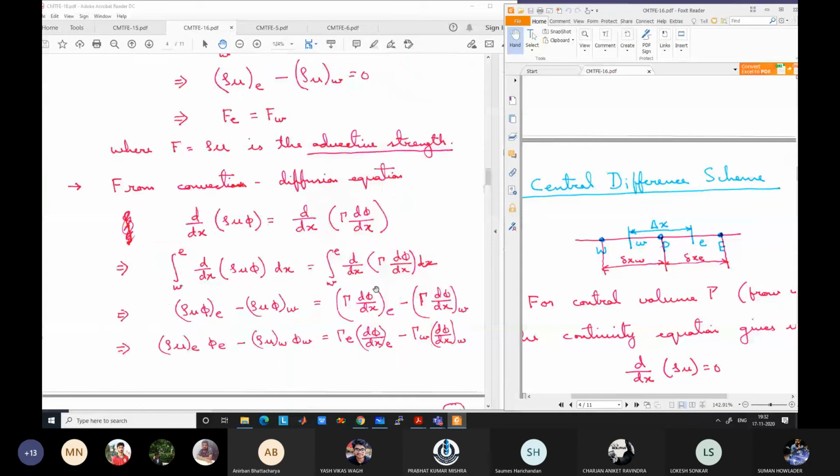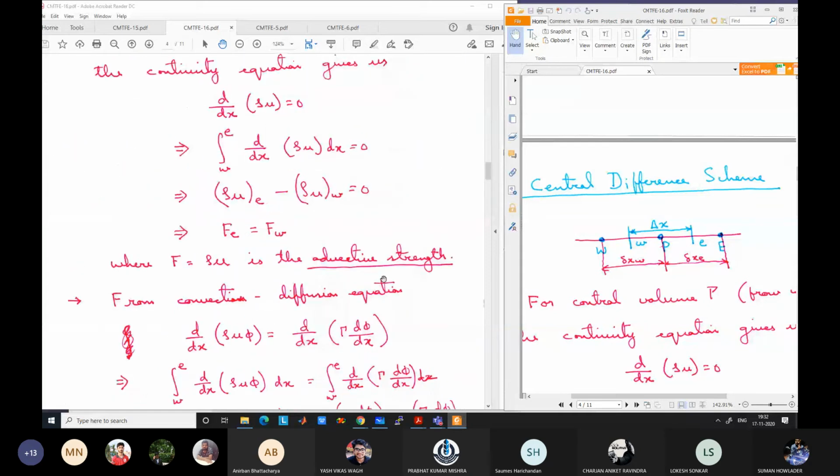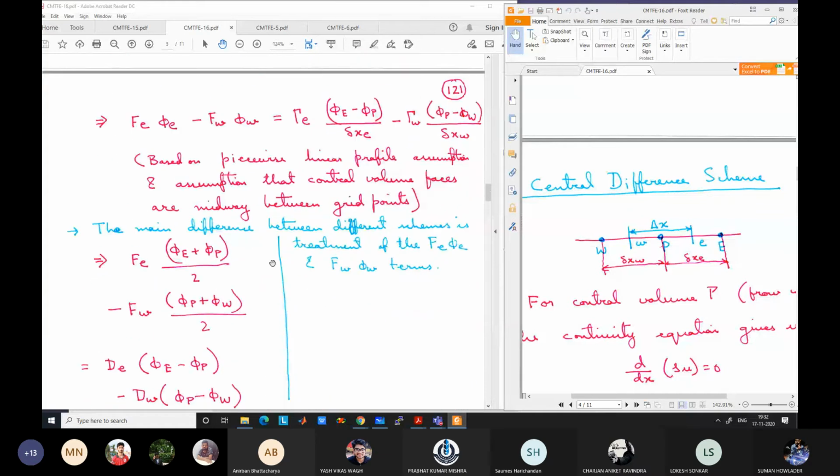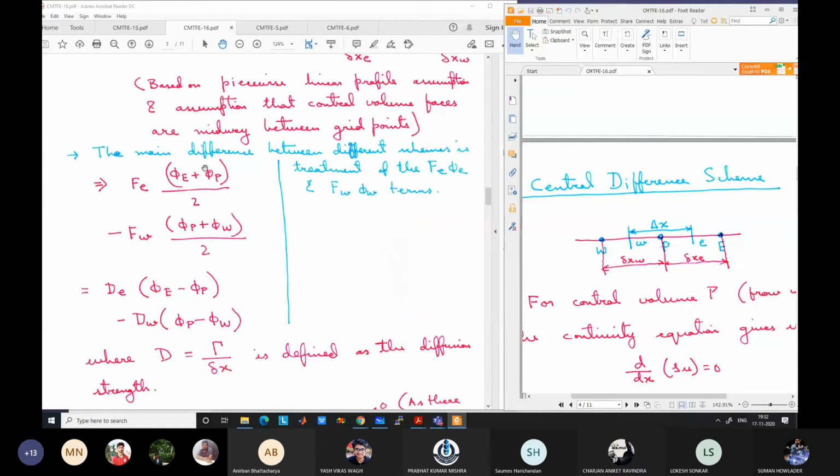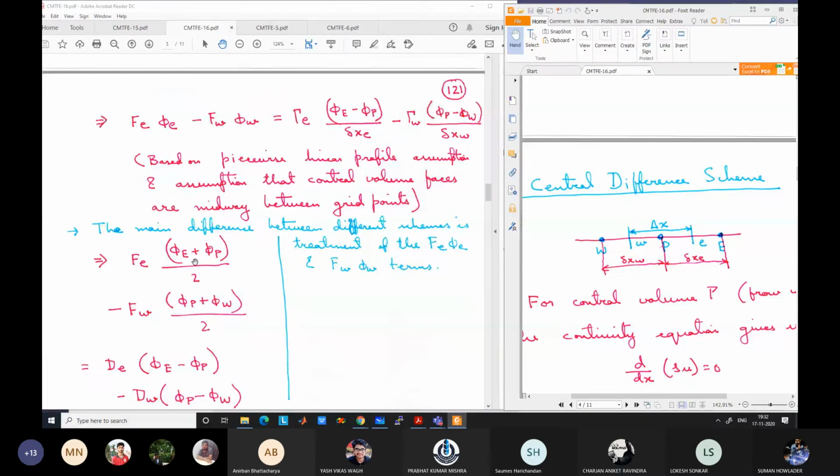the idea behind this central difference scheme. For the central difference scheme, you just take a linear profile assumption, or the linear mean, just the average of these two grid point values to calculate the interface value of phi. Even for the advective term also; the diffusive term is always like that. But remember that we don't have to take the same profile assumption for other terms.